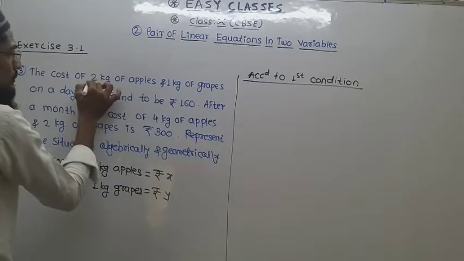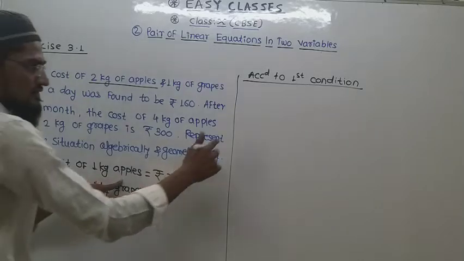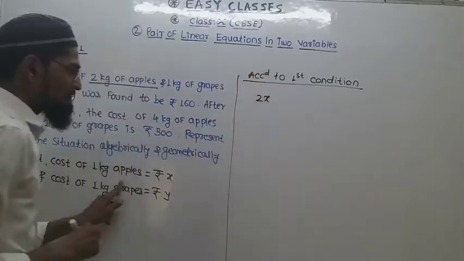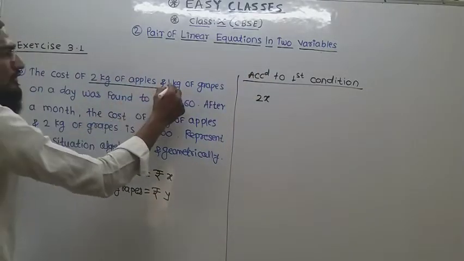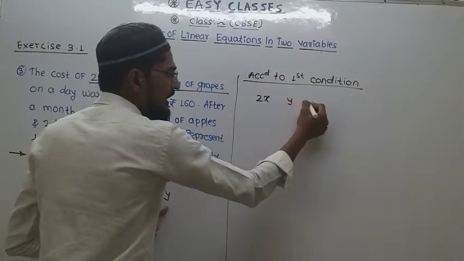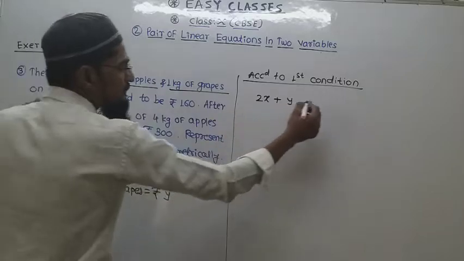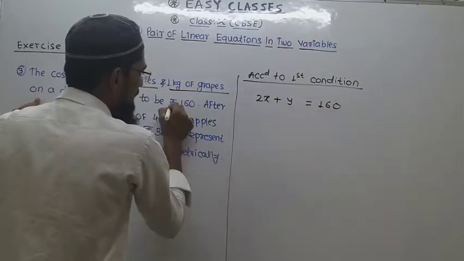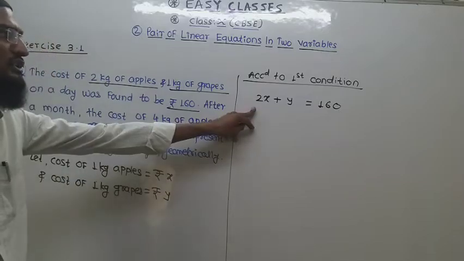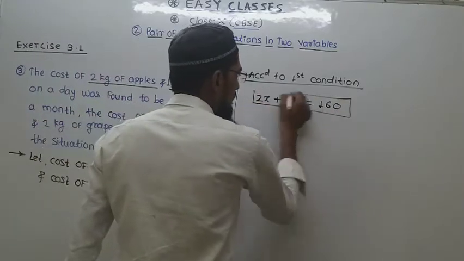The cost of 2 kg apples, 1 kg for x, therefore 2 kg for 2x, very simple, and 1 kg grapes for rupees y, and total it is for 160 rupees. So we got an equation 2x plus y is equal to 160. This is our first equation.